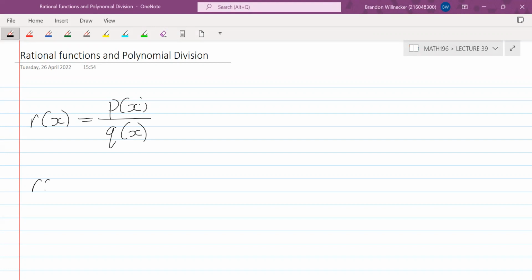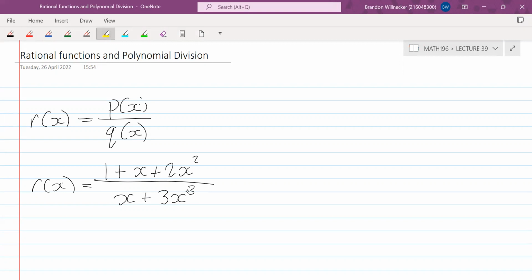For example, we can have the numerator being a quadratic function. So let's say 1 plus x plus 2x squared. And then the denominator can be something like a cubic function, x plus 3x cubed, for example. Okay, this is a rational function. Now, the degree of the numerator is given by the highest exponent in that polynomial.